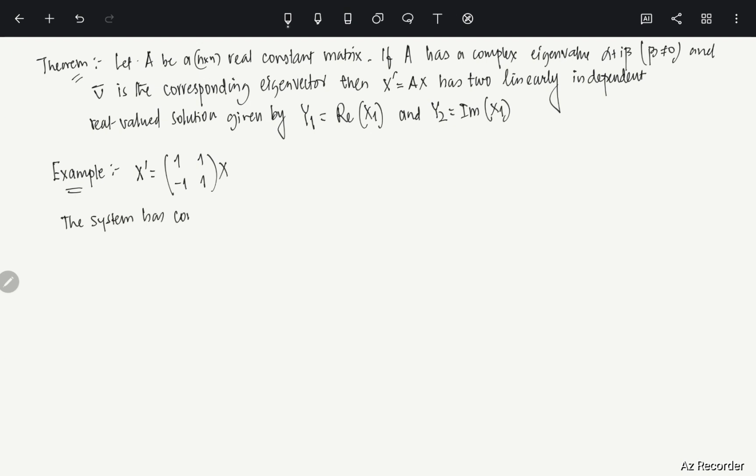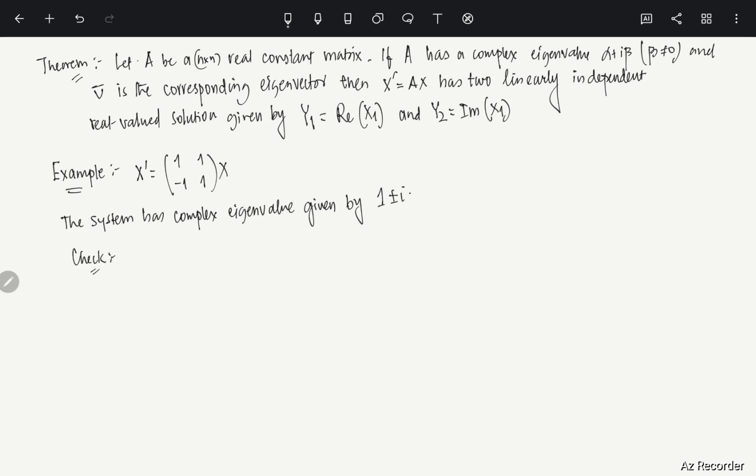So the system has complex eigenvalues given by 1 plus minus i. Clear? They come in conjugates, right? Now the eigenvectors we have to find out. For 1 plus i, if you want to find the eigenvectors, please check this part.